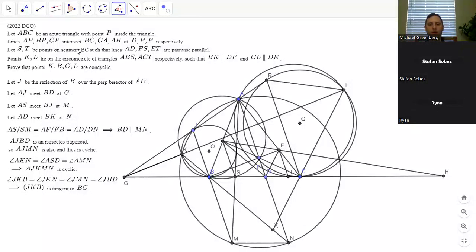Yeah, once you know those triangles are similar, FS over ET is HS over HT.